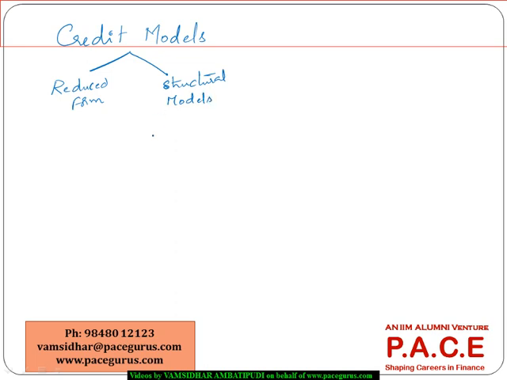The structural models help in estimating the credit risk. They help in estimating the probability of default and all that, which can even help you estimate the expected loss in case a default is going to occur. What is the expected loss on this particular set of securities?